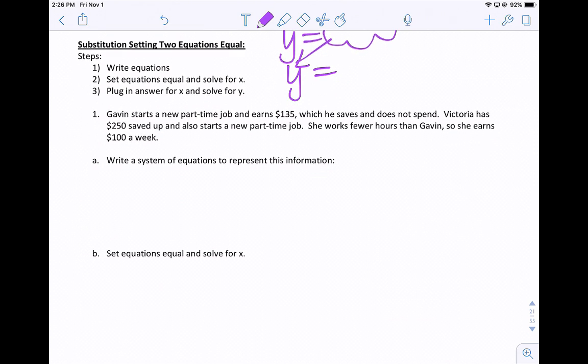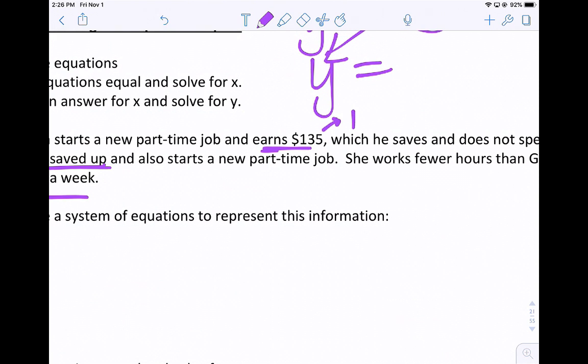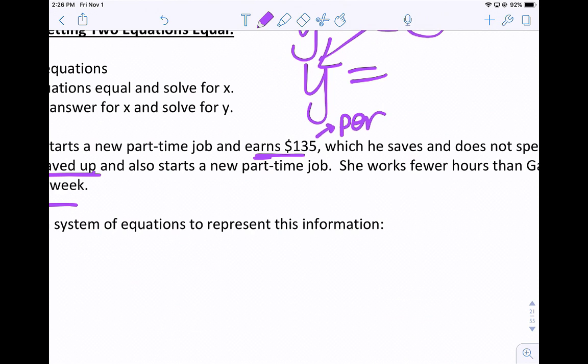So Gavin starts a new part-time job. He earns $135, which he saves and does not spend. Victoria saved $250 and also starts a new part-time job. She works fewer hours than Gavin, so she earns $100 a week. So we should say he earns $135 per week.